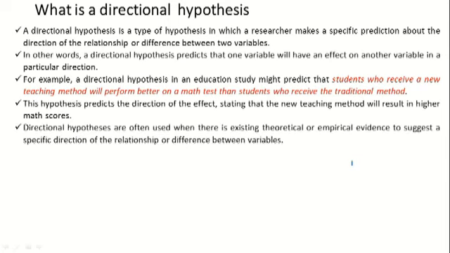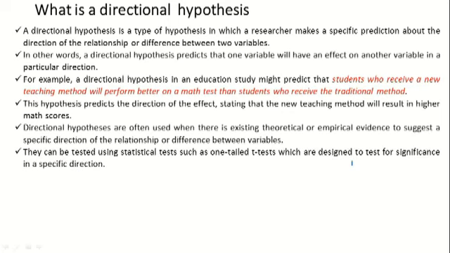Directional hypotheses are often used when there is existing theoretical or empirical evidence to suggest a specific direction of the relationship or difference between variables.